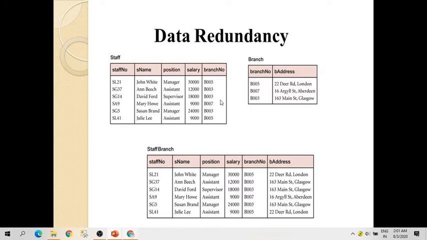If you look at the mouse pointer, the details of staff number, name, position, salary, and branch are being stored again in the staff branch table, and the branch details are again stored in the branch table.